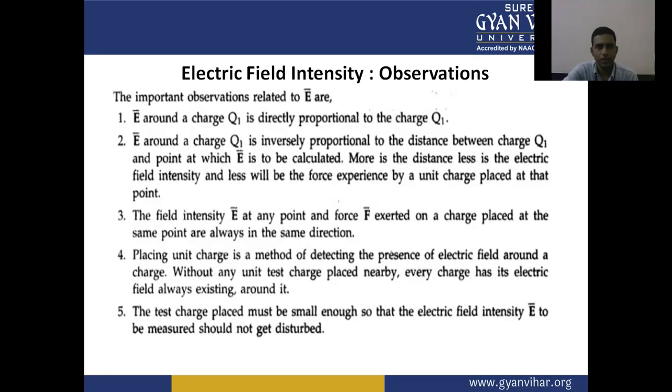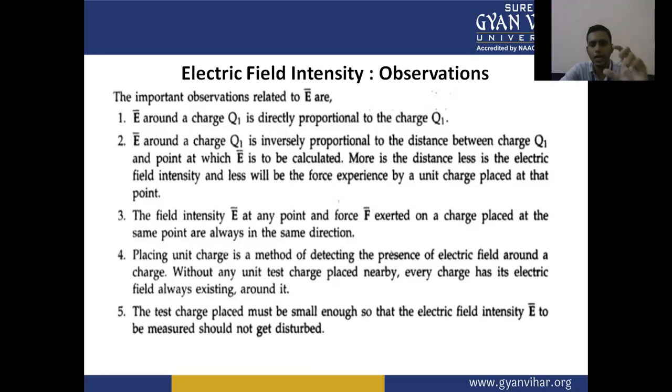The field intensity E at any point and the force exerted on the charge placed at the same point are always in the same direction, because E is equal to the force per unit charge. Placing the unit charge is a method of detecting the presence of an electric field around a charge.